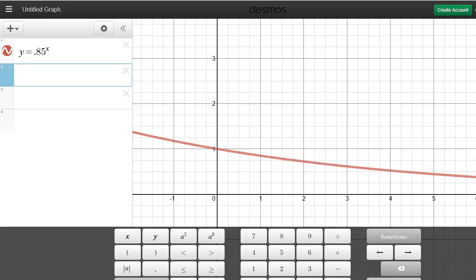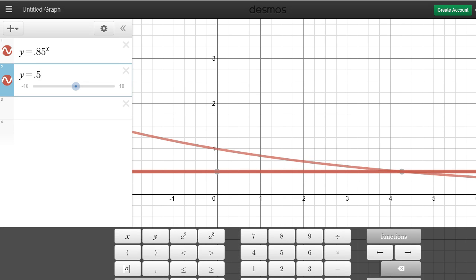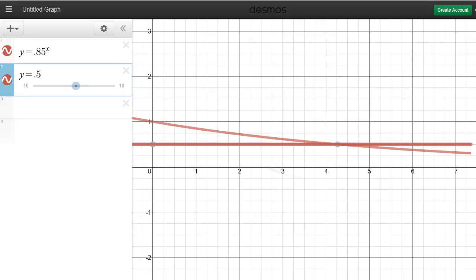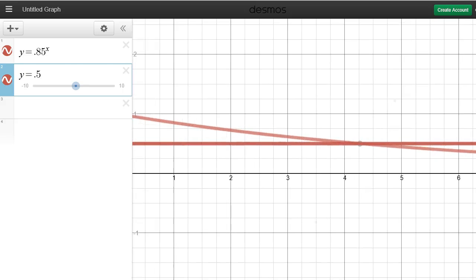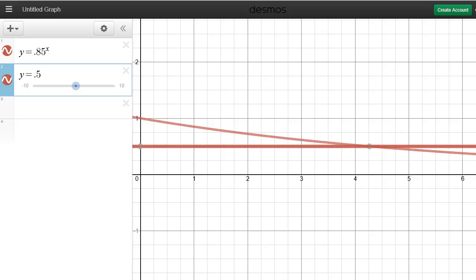And then if I want to find out when this is equal to a half, I can just put y is equal to 0.5 and then see where they meet. And so my answer is 4.265. Now we really can't have 4.265 filters, so the answer is much closer to 4 than it is to 5.